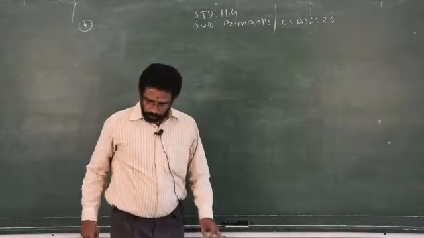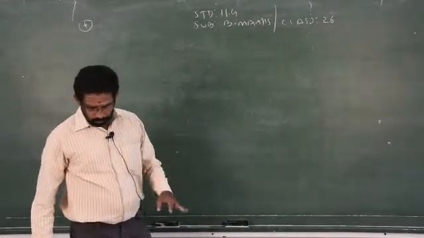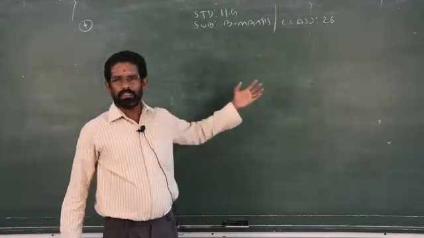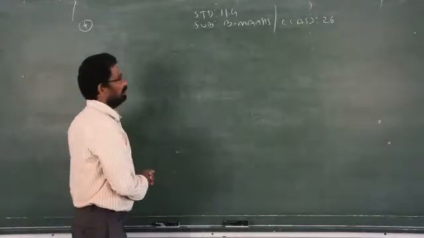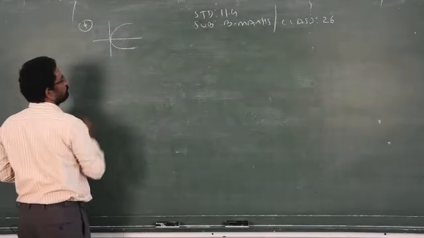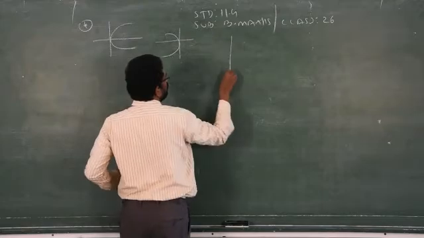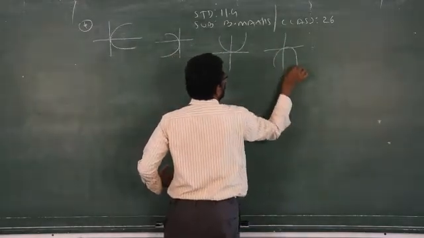So before I go to these problems, there are 3 subdivisions. Let me recollect the standard forms of the parabola shape. This is a standard form, this is another standard form, this is the third one, and this one is the fourth one.